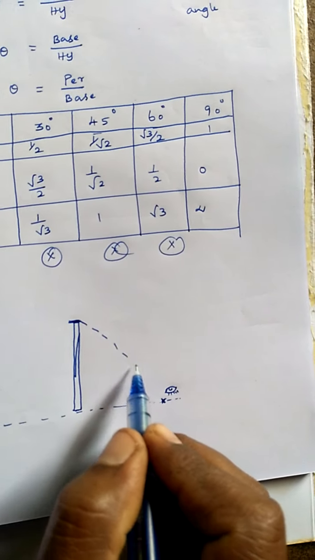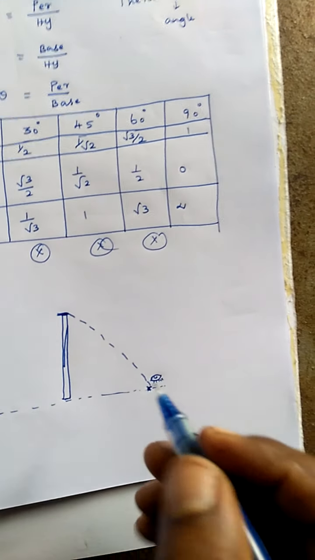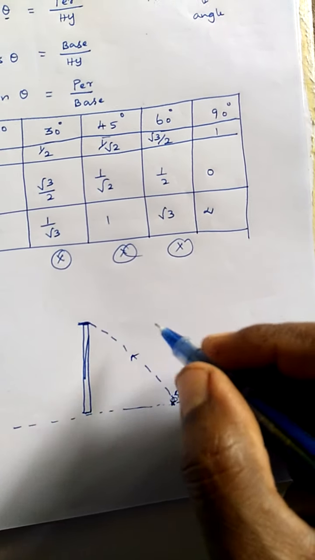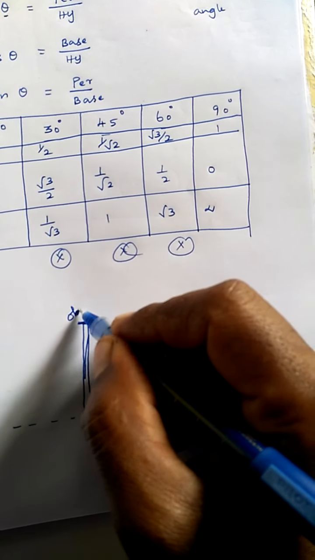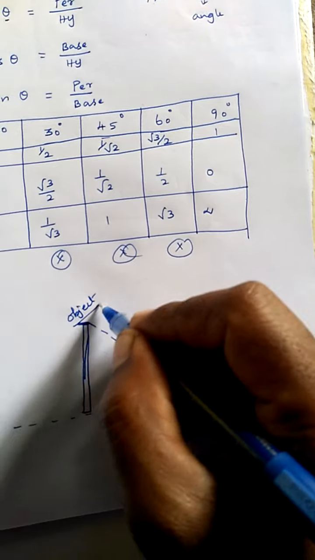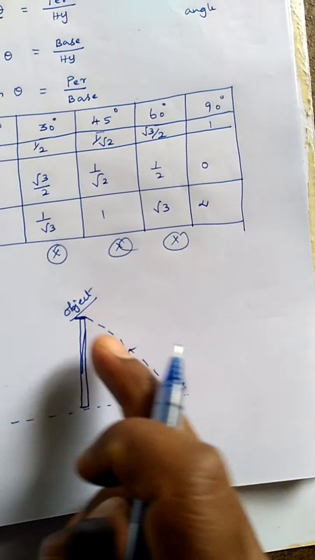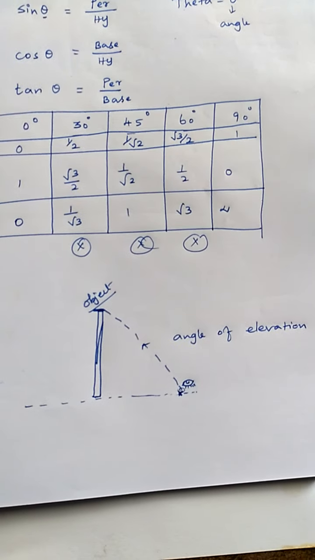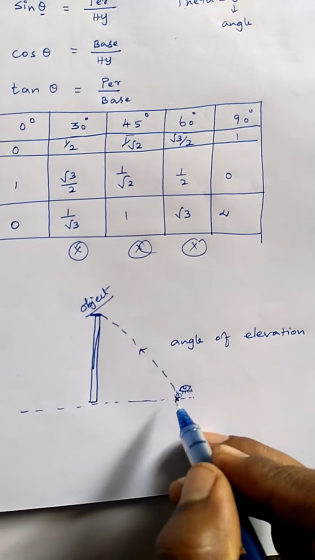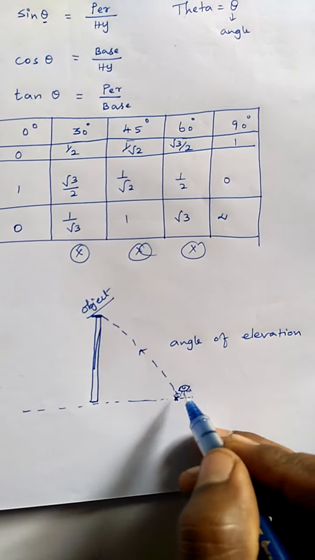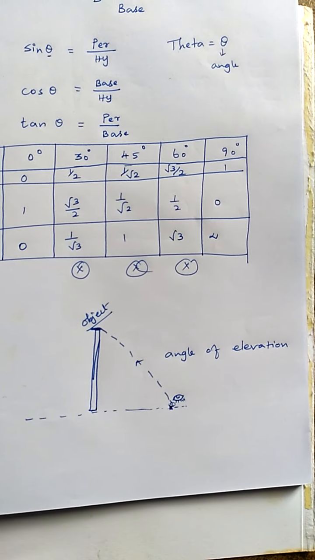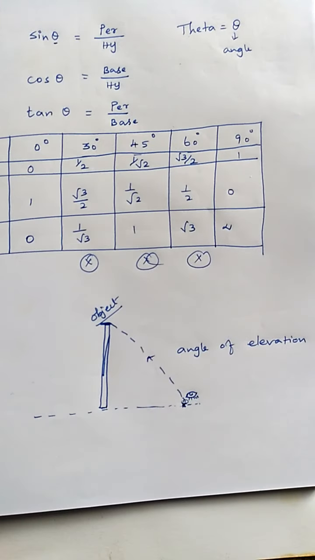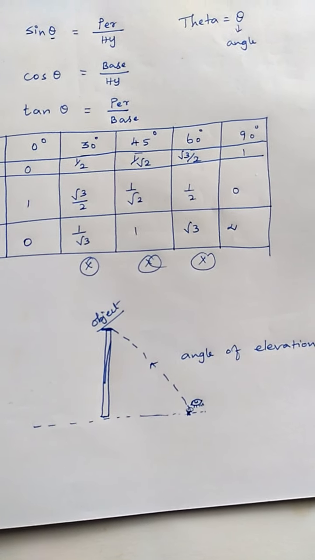So when you are looking from down to the top, to an object, that's called the angle of elevation. When you look from down at the top of a mountain, the peak of a mountain or the top of a tree, that's called angle of elevation.